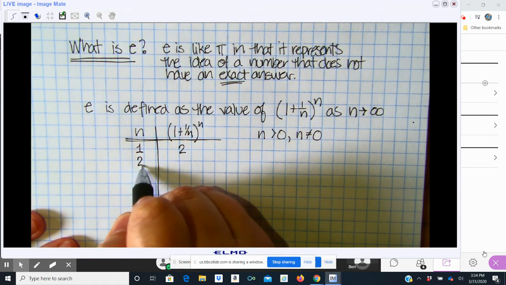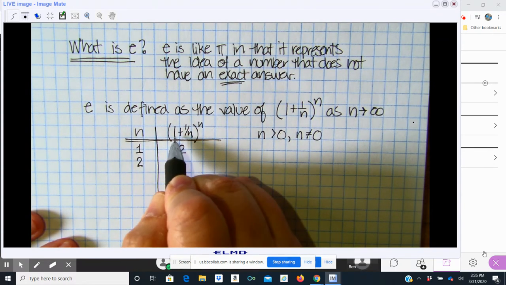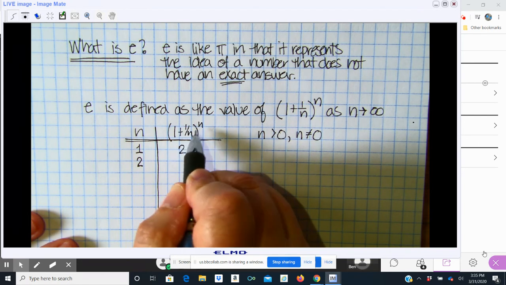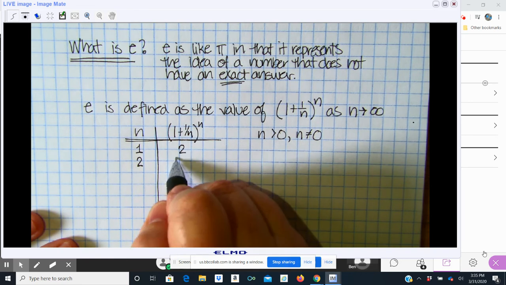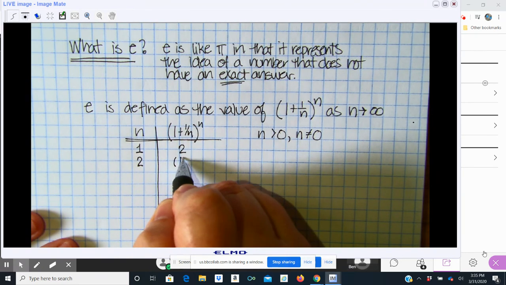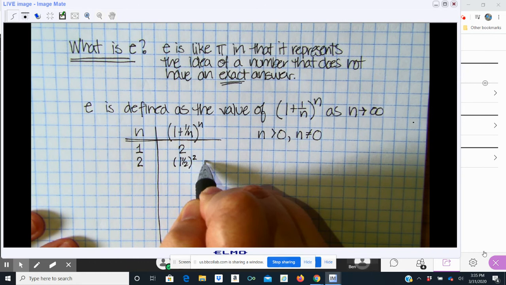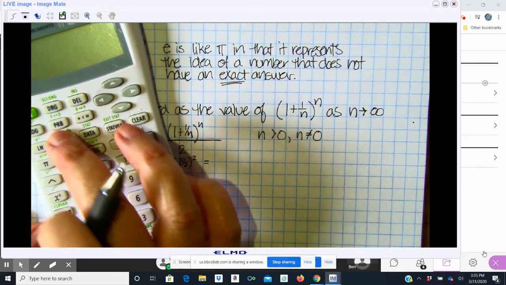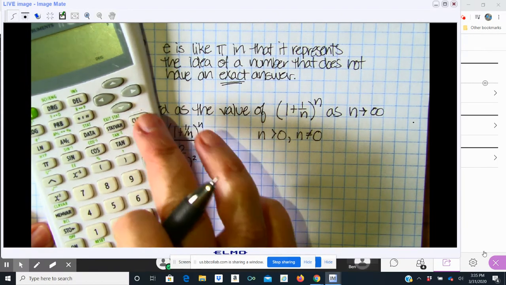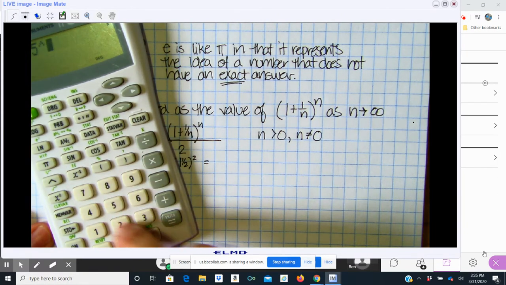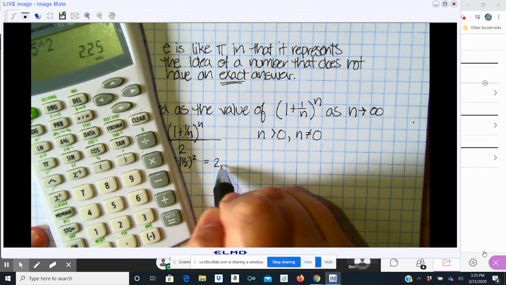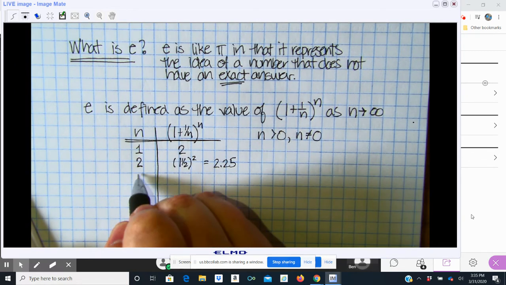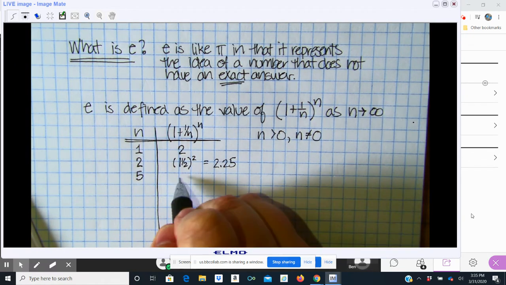If I let n equal 2, then I have 1 plus 1 half to the second power. If I do 1 and 1 half to the second, 1.5 to the second power, I get a 2.25. If I did a 5, I'm going to jump a bit.